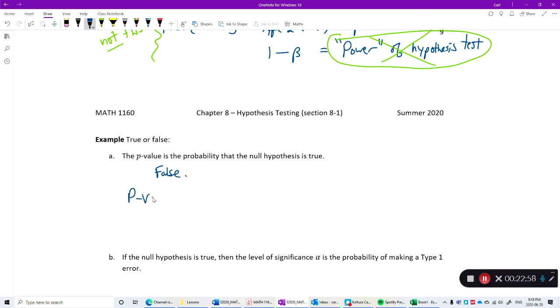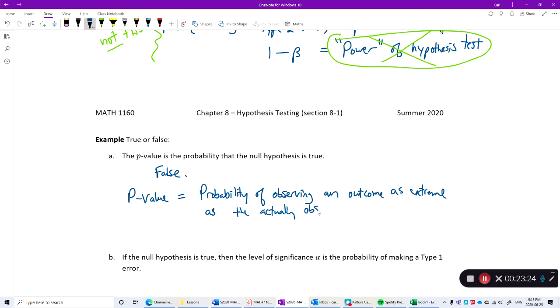What is the p-value? The definition is it's the probability of observing an outcome as extreme as the actually observed outcome, given that the null hypothesis is true.